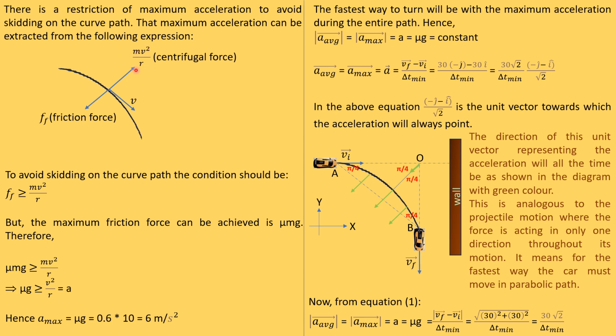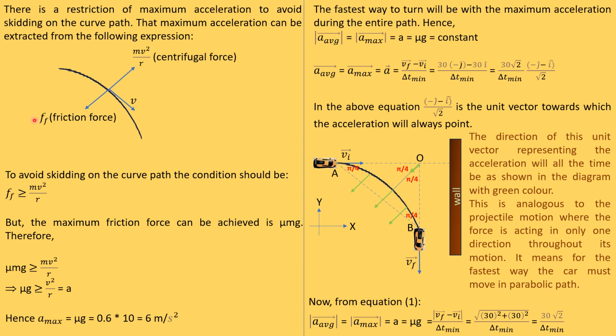To balance this force, there is friction force available, which will act exactly opposite to that centrifugal force. When the speed is low, friction force will be low. As the speed goes high, the friction force magnitude will also go high.